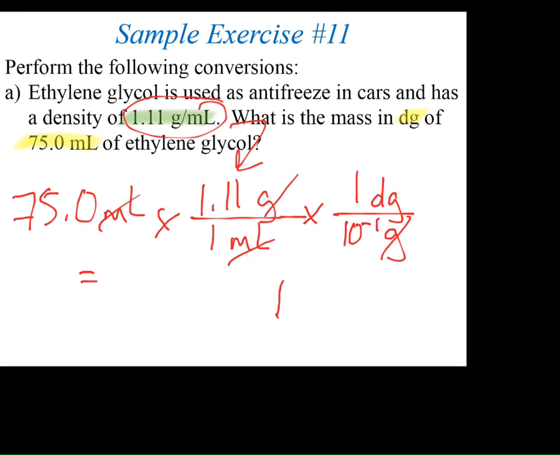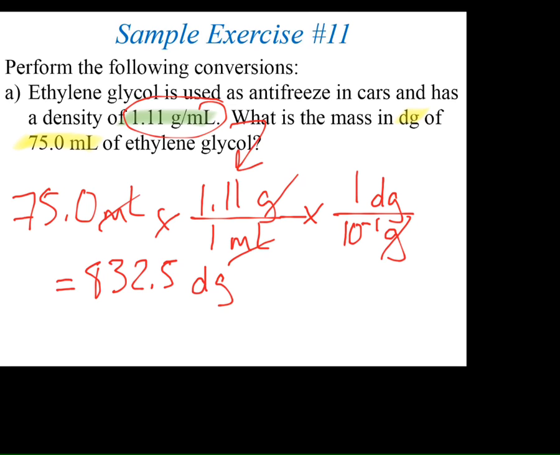So let's try that out. 75.0 times 1.11 divided by 10 to the -1 is 832.5 decigrams. Can you dig it?